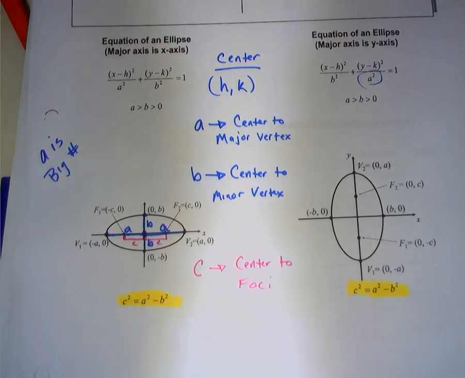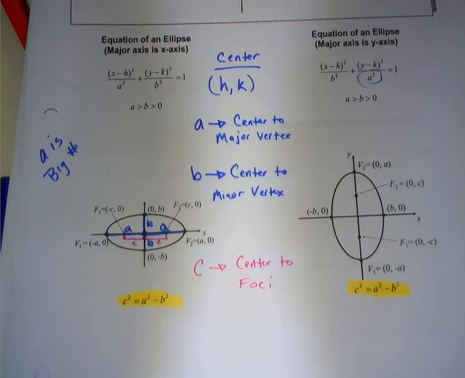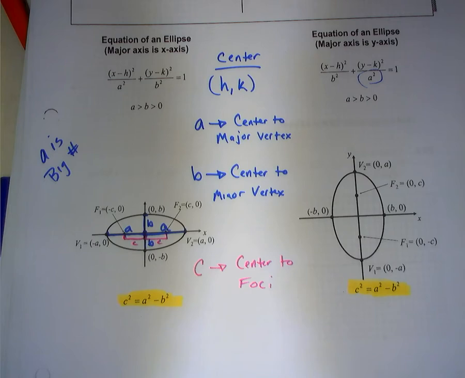And foci, guys, is just focus plural. So we don't say focuses, we say foci. All right, so our a values are center to our major vertices, our b values are from our center to our minor, and then last but not least, your c value is the center to the foci. All right, any questions, y'all? Nice thing is, quiz or test, I give you guys these formulas, and then you just have to be able to use them.